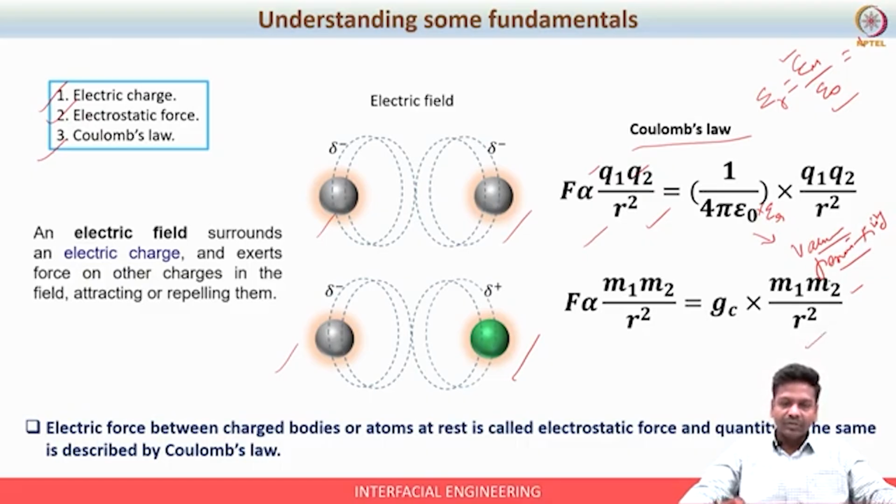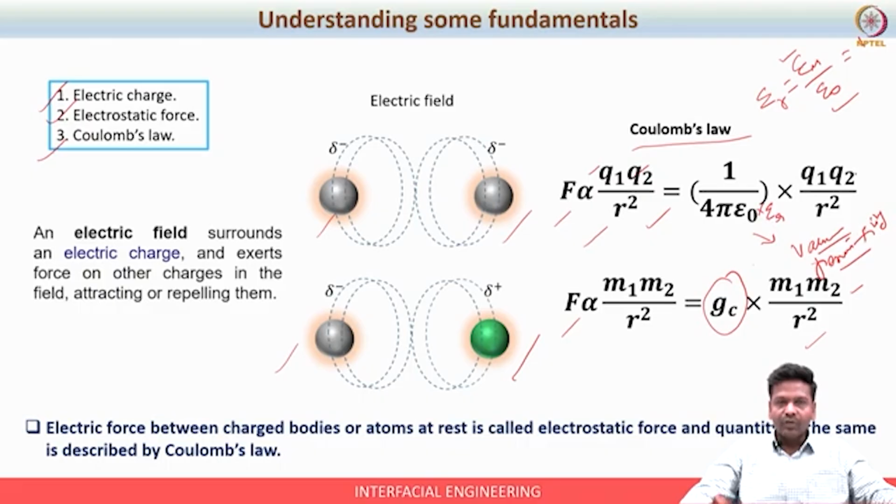Coulomb's law is described in a similar fashion, whereas here the proportionality constant is 1 by 4 pi E naught ER, and there it is the gravitational constant. But the unit of both equations is Newton, because we are talking about force. You can also verify this.